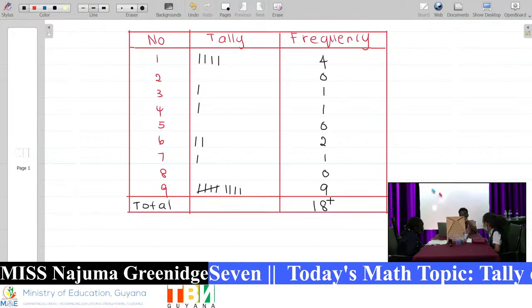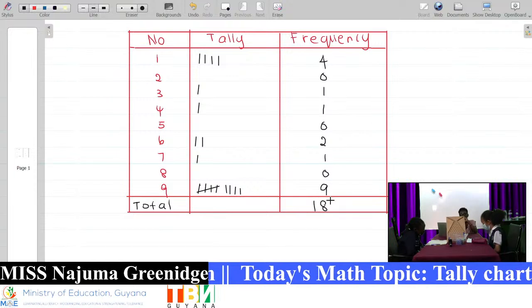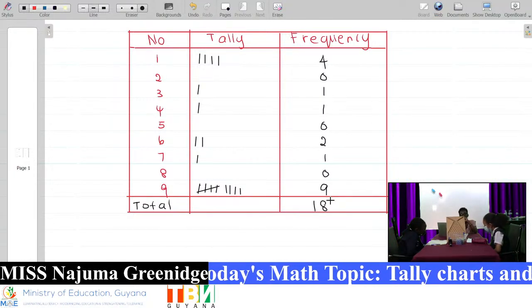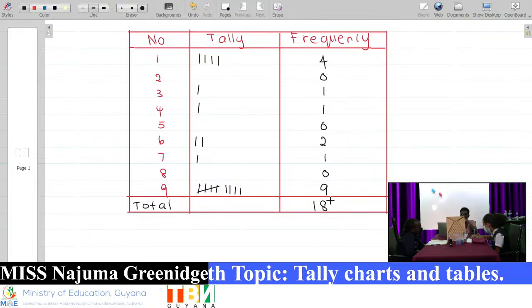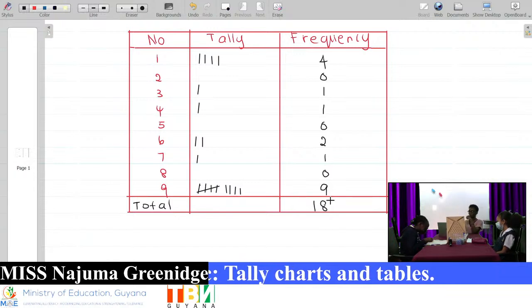So a marble land on the number 3 how many times? 1 time. 4, once. 6, 2 times. Number 7, 1 time. And the number 9, 9 times. So 9 is the most popular.